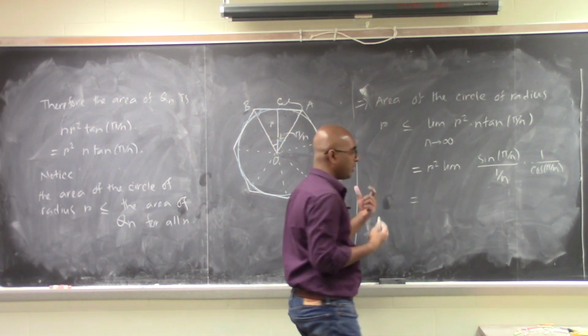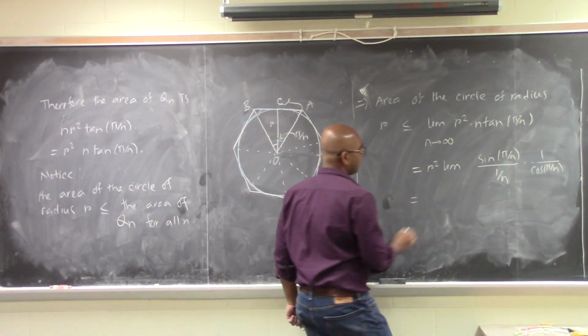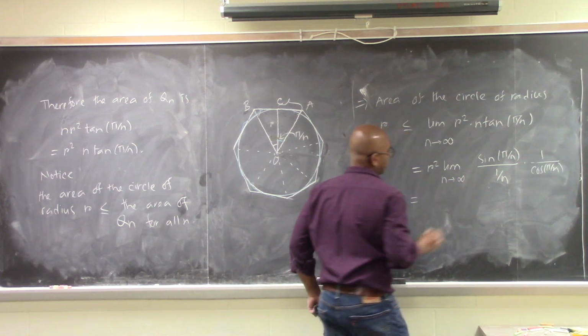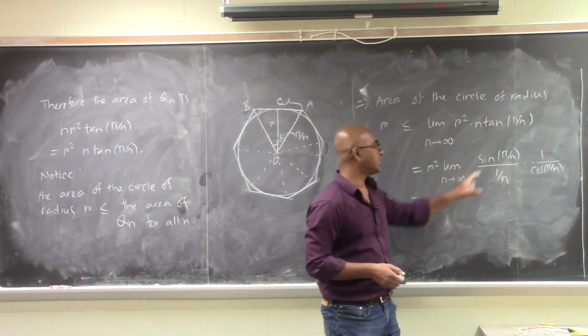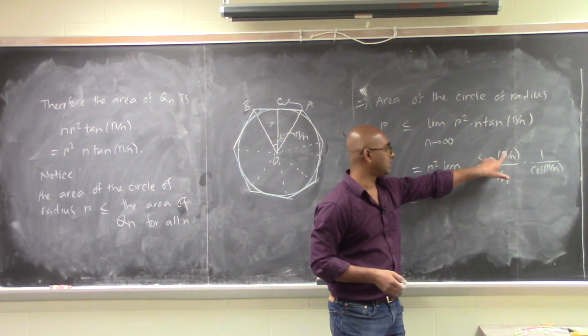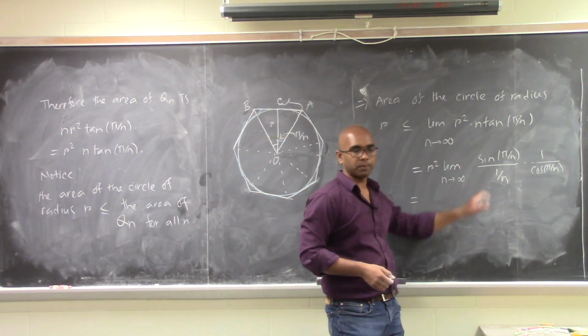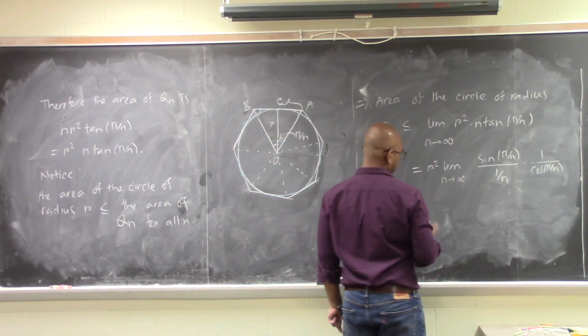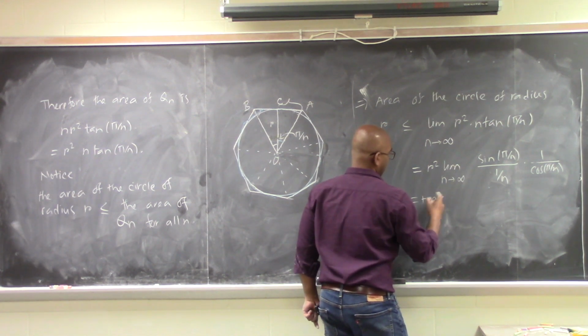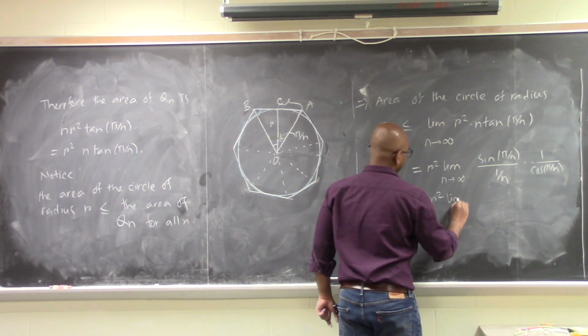And you can actually sense where we are going. We want to use the fundamental limit, right? For that reason, we need to have the same amount inside sine and at the bottom, so we need a pi over there. So we have pi r squared, I'm multiplying top and bottom by pi.